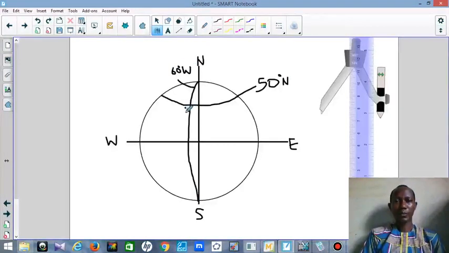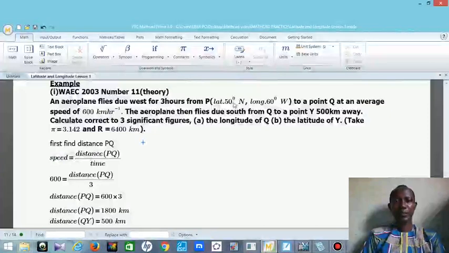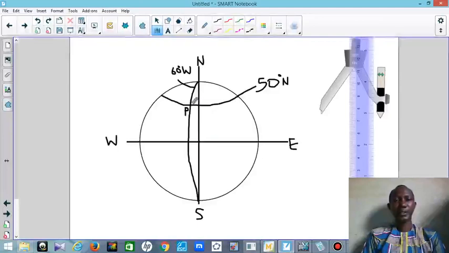So this point is the point P. That is the first point, 50 degrees north, 60 degrees west. So you have located it now. This is what you draw on your solution paper that you will submit to the examiner.